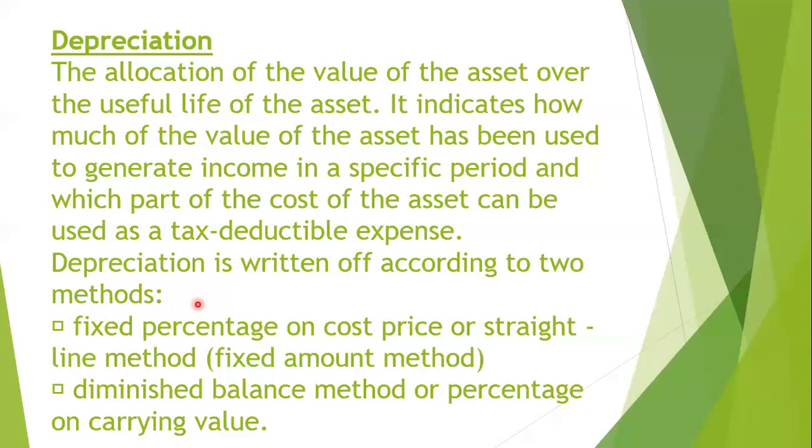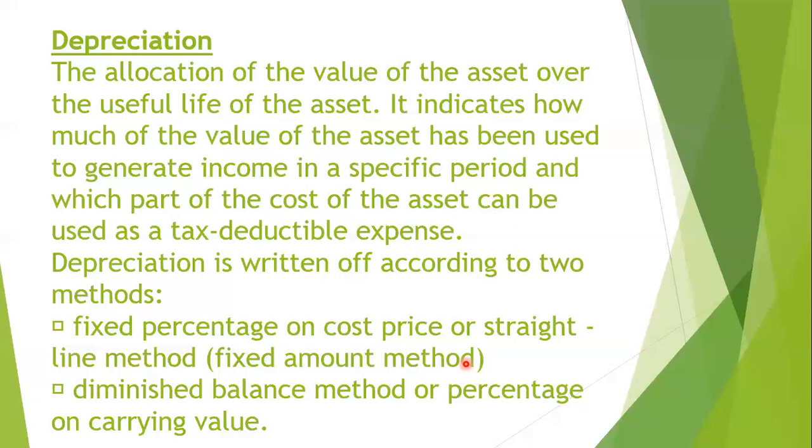So there's two ways in which we are able to do the depreciation, the first one being the fixed percentage on cost price or straight line method, fixed amount method. So there's different names for this one. It can be called cost method or straight line method. I'm not sure what they call it in your school.